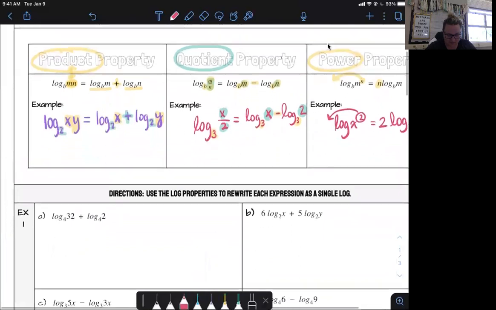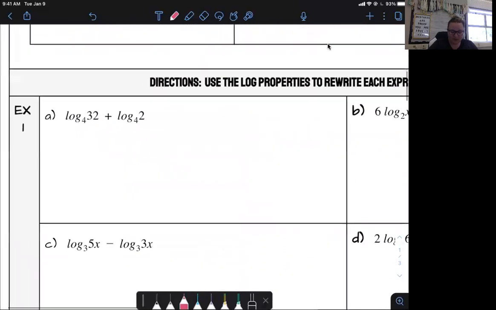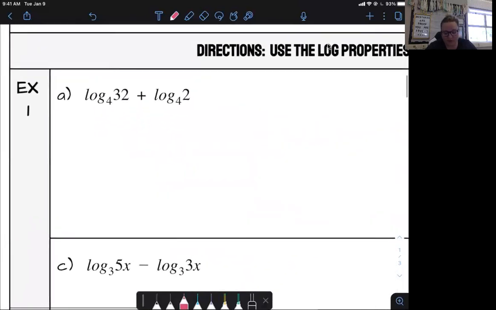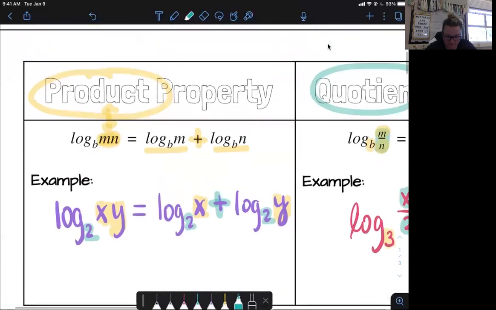So in example 1 here, we have the log base 4 of 32 plus the log base 4 of 2. What we have is two logs that have the exact same base, and they're being added together. Which property had logs with the same base being added together?